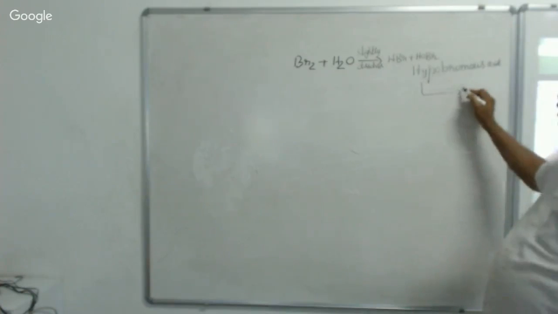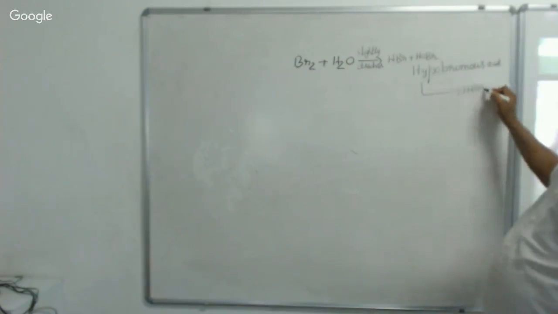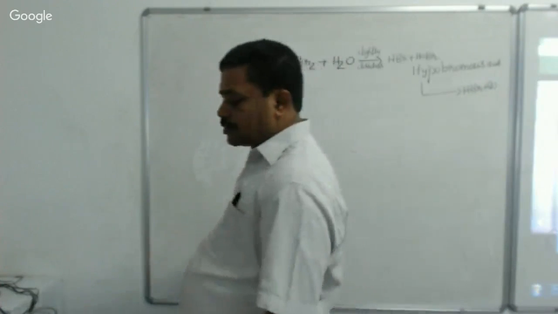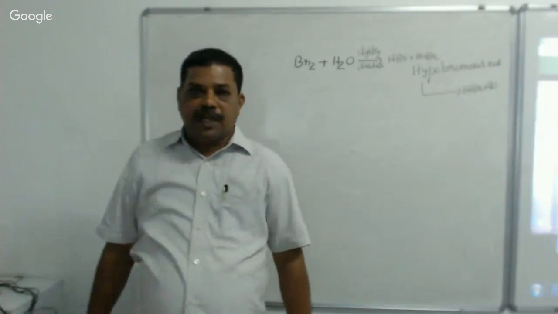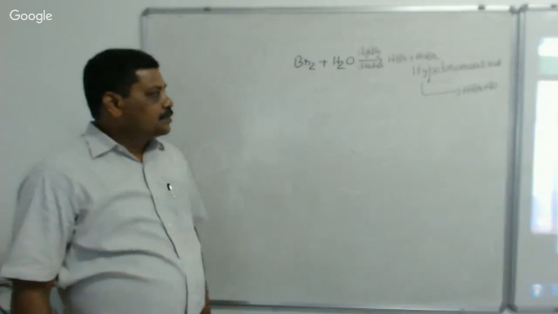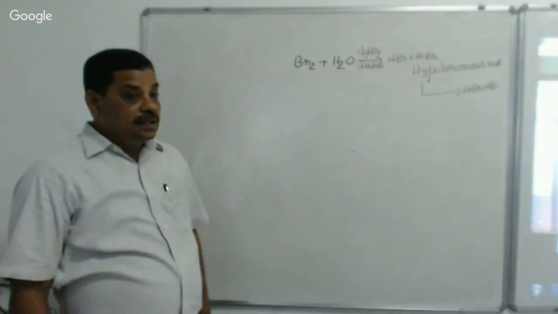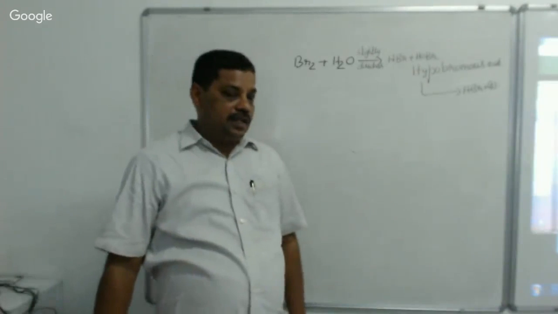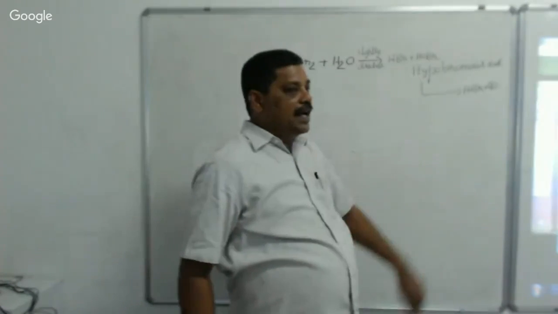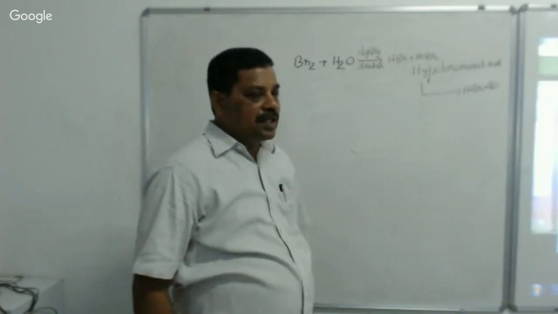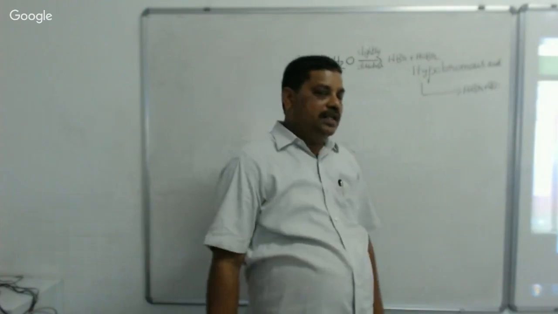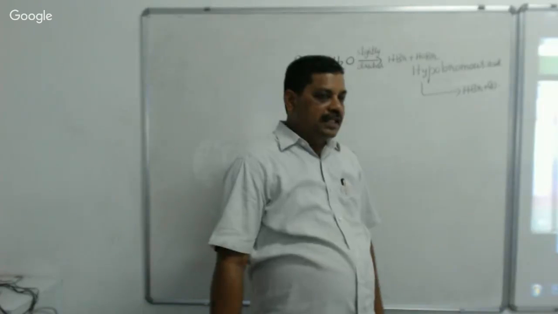Of course, this is also not stable, and it also gives off HBr plus oxygen. But this reaction we don't use for sterilizing water, because HBr is a strong acid which our stomach cannot bear. That's why only chlorine is used for sterilizing water.